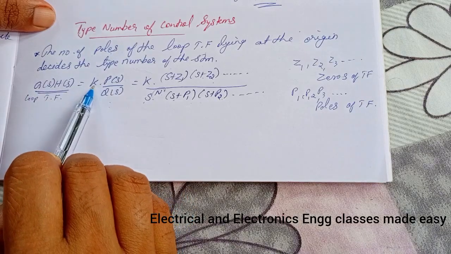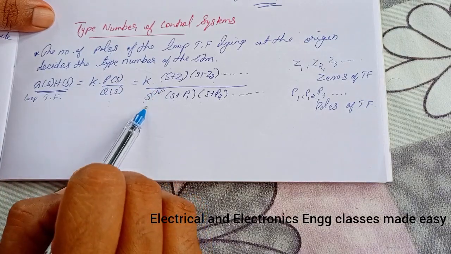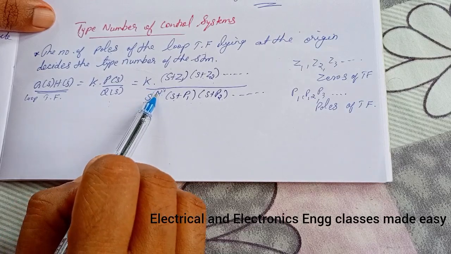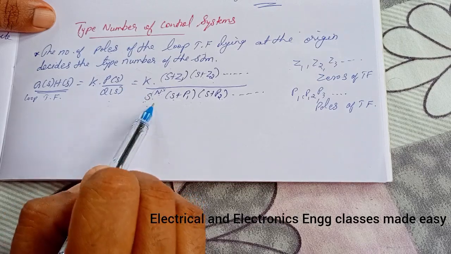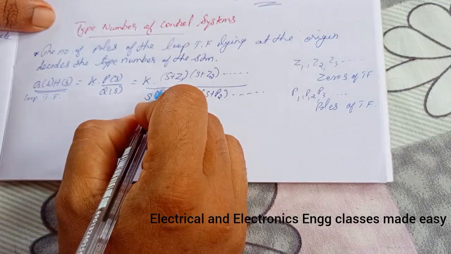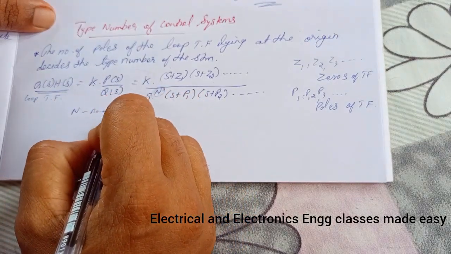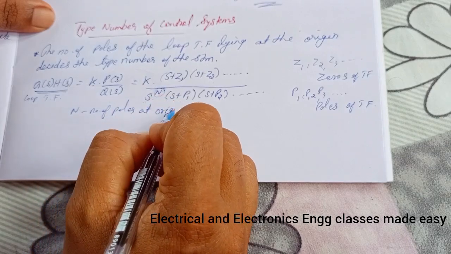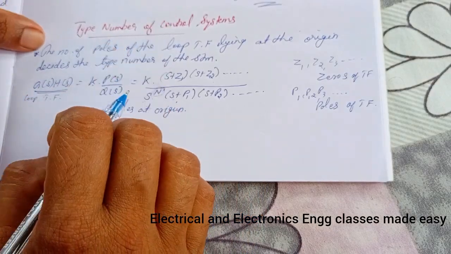K is a constant and n is the number of poles at the origin, that is s raised to n means n is the number of poles at the origin, which is called the type number of the control system.